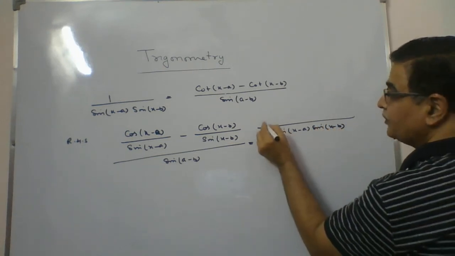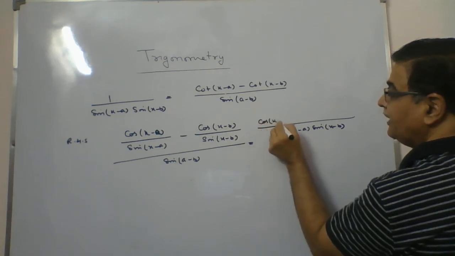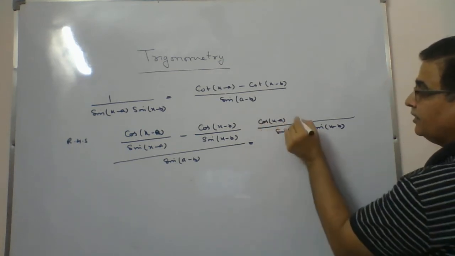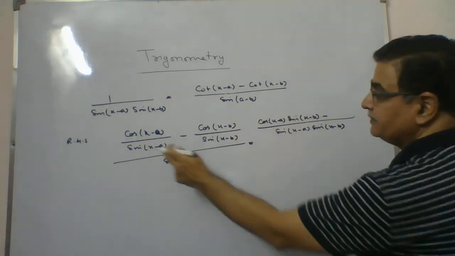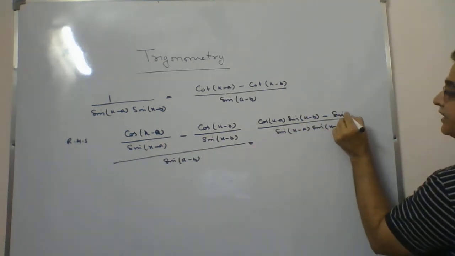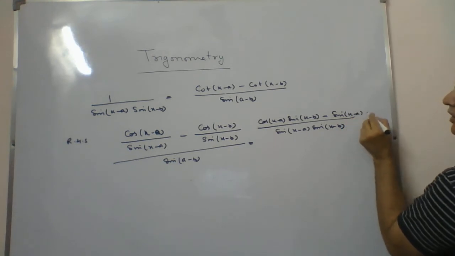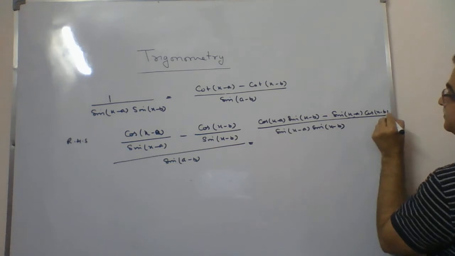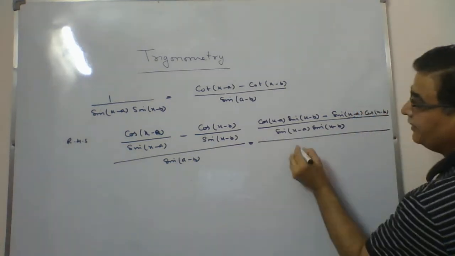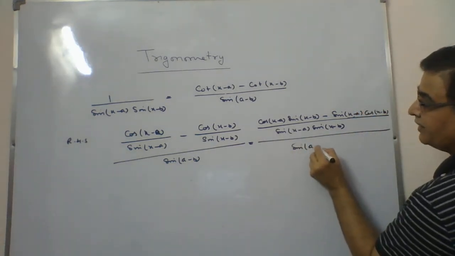When you do this, it will come out to be cos of x minus a into sine of x minus b minus sine x minus a into cos of x minus b whole divided by sine a minus b.